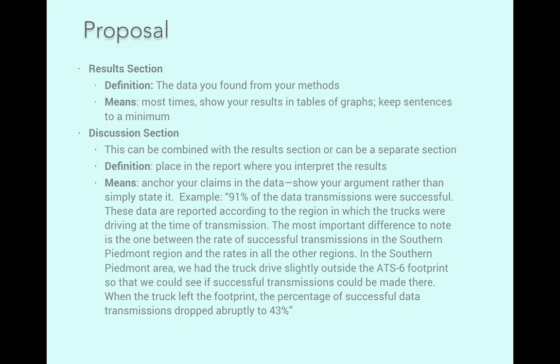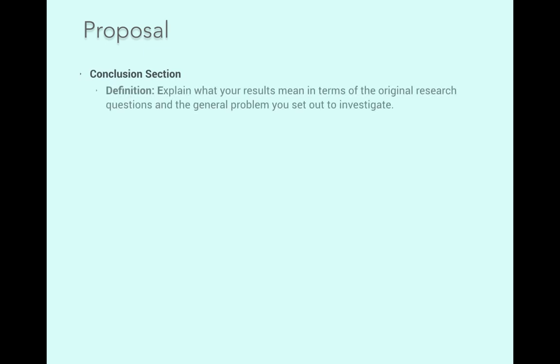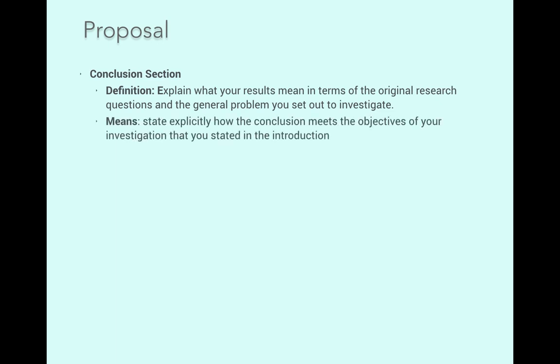All right, so last but not least, two sections, really, a conclusion that basically defines what your results mean. You had an original research question or series of questions, and then problems that you set out to investigate. So tell us and show us if you met those objectives.